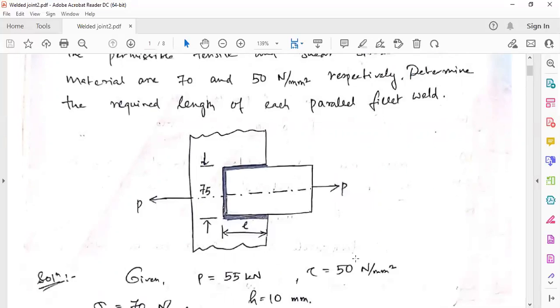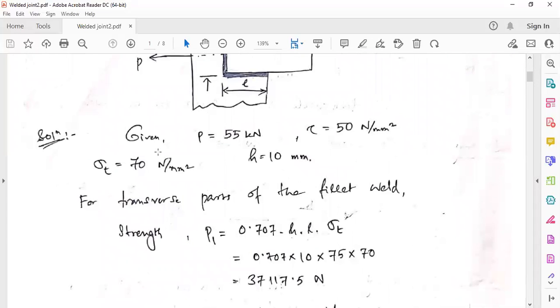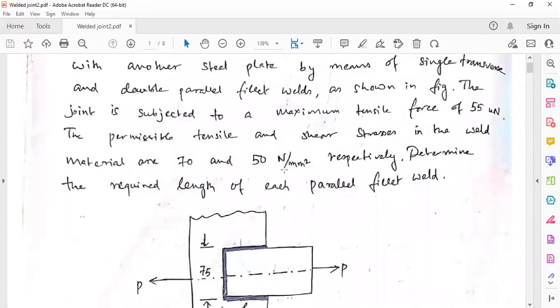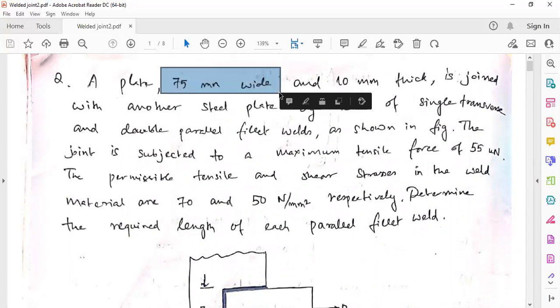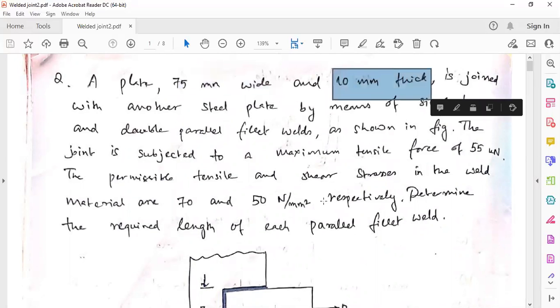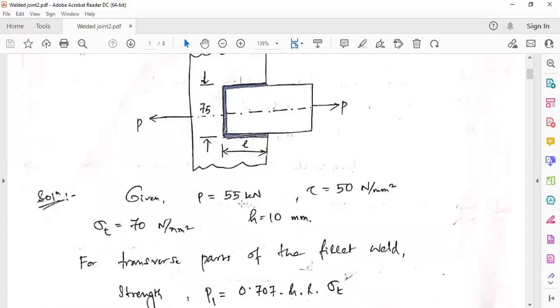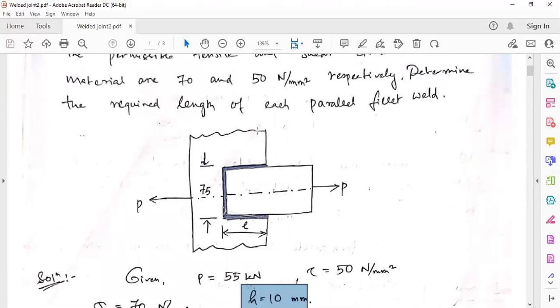Okay, now let's have a look at the problem. So you know this is the force, this is the shear stress. Okay, everything is given. Now this part, you see, a plate 75 wide and 10 thick. Small h is the thickness of the plate, and small t is the thickness of this welding, the throat.